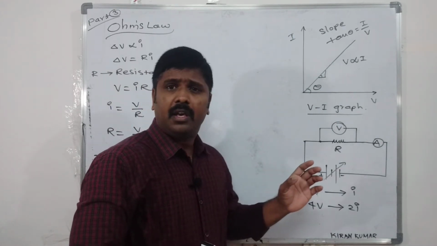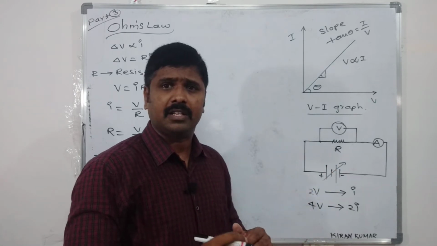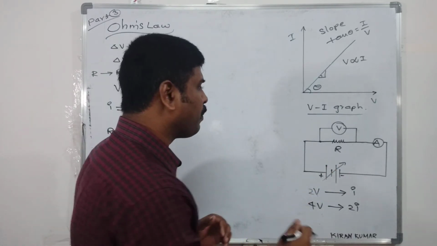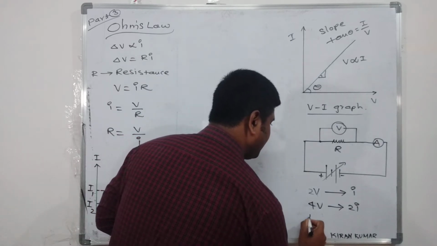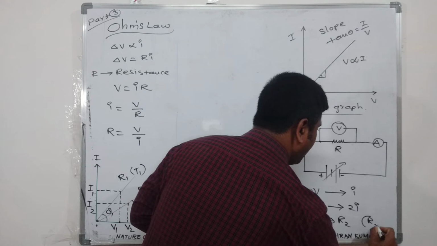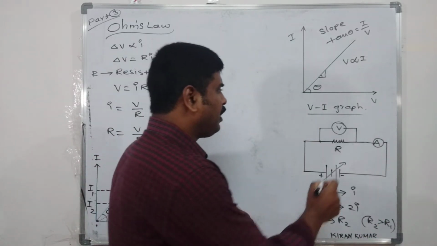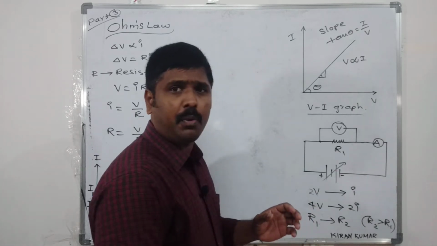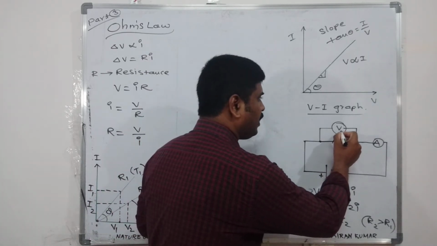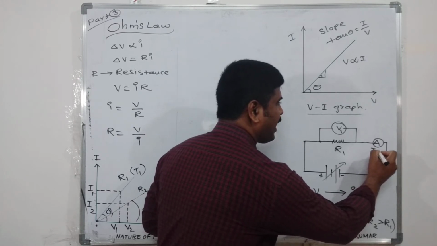Now we are doing the experiment with different resistors R1 and R2. Here resistance is increasing from R1 to R2, that is R2 is greater than R1. For example, now the resistance is R1 and the corresponding voltage is V1 and the corresponding current is I1.